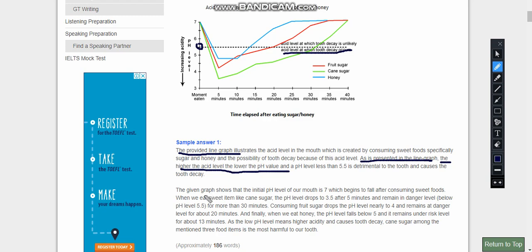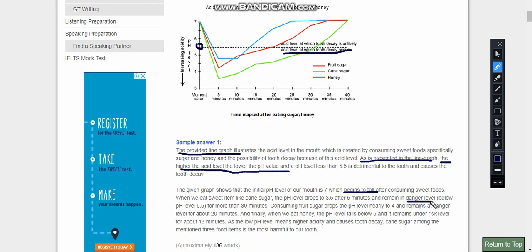Okay, the given graph shows that the initial pH level of our mouth is 7, which begins to fall after consuming sweet foods. When we eat sweet items like cane sugar, the pH level drops to 3.5 after 5 minutes and remains at danger level.